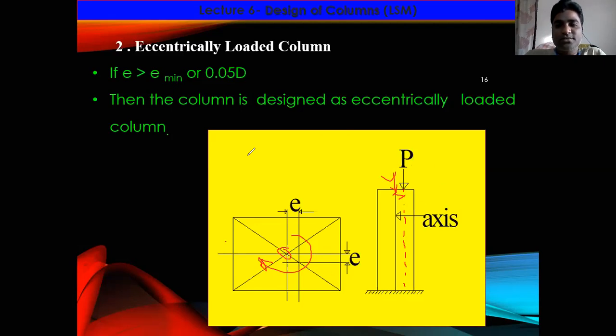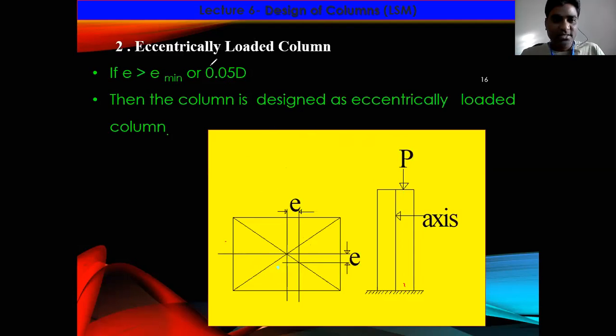And one more thing is, in eccentrically loaded columns there are two types: whether it is a uniaxially loaded column or biaxially loaded. What is meant by uniaxial and biaxial? Uniaxial and biaxial means whether the eccentricity is only about one axis.